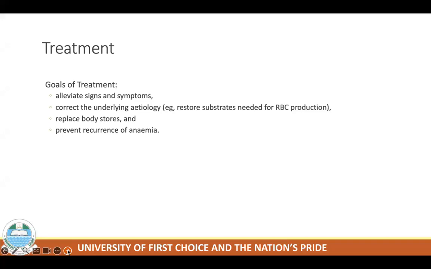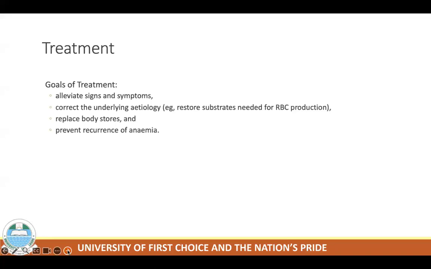So goals of treatment are to alleviate signs and symptoms, correct the underlying etiology, right? For example, restore substrates needed for red blood cell production, like the cyanocobalamin, that's the B12, or restore the folic acid, or provide iron for people with iron deficiency anemia.